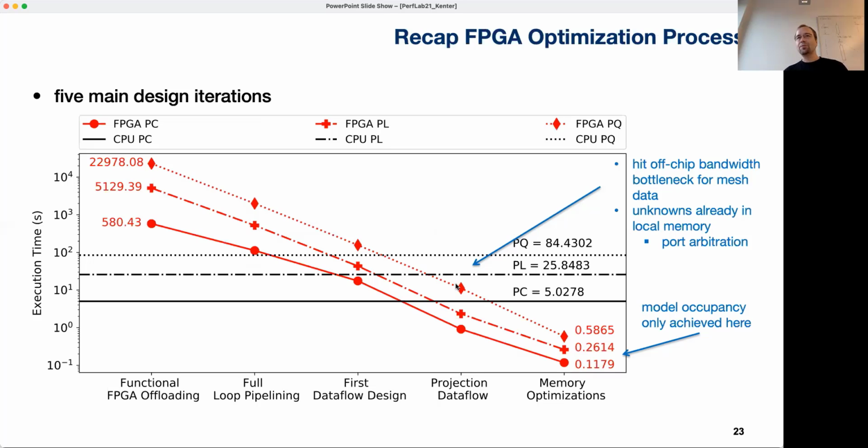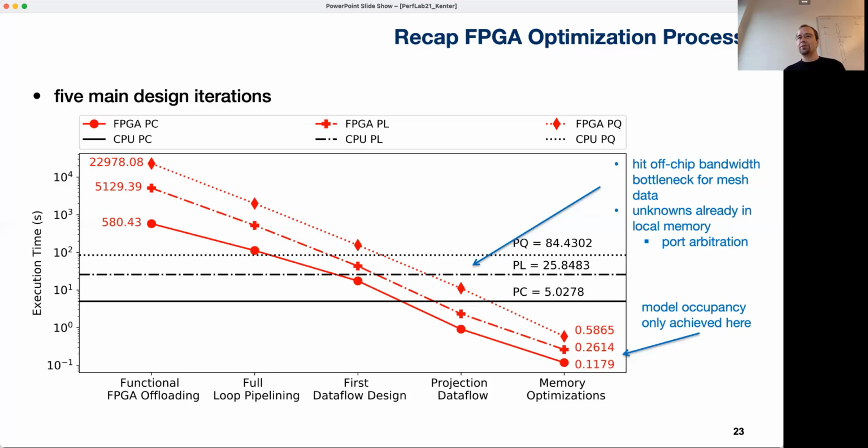In practice, it's a bit more difficult. So when we implemented this projection data flow design, we found that we actually hit off-chip bandwidth bottlenecks for all the mesh data. The unknowns were already in local memory, but also there was some inefficiency due to port arbitration at this local memory.